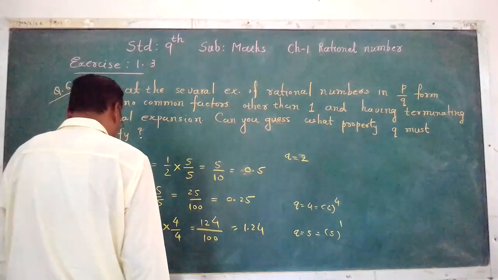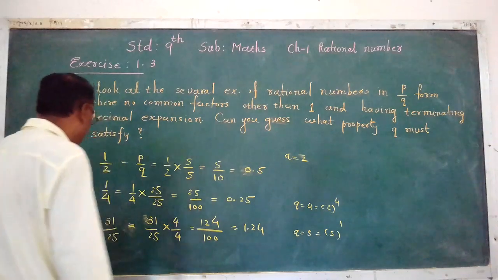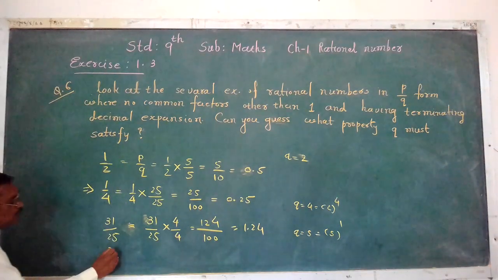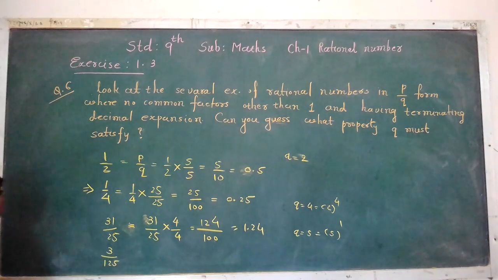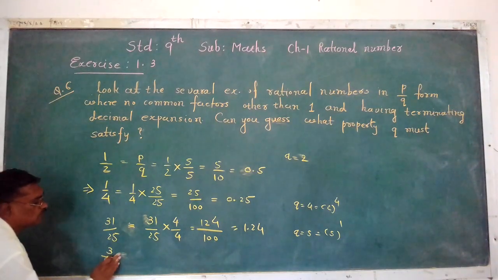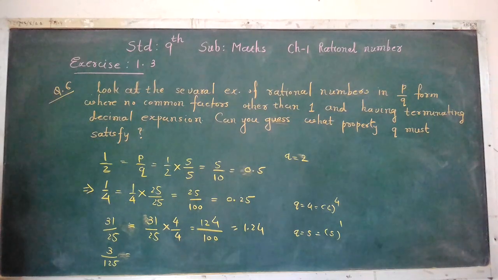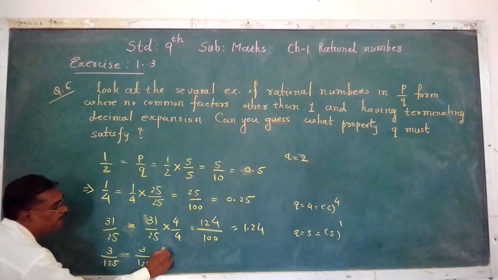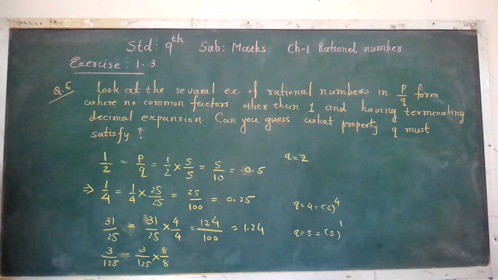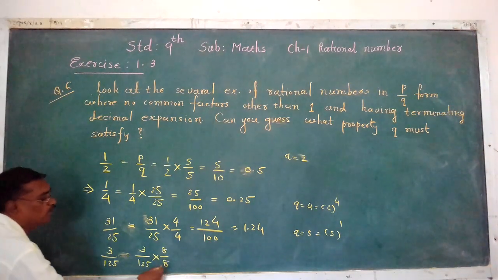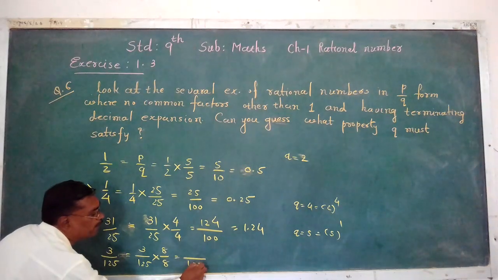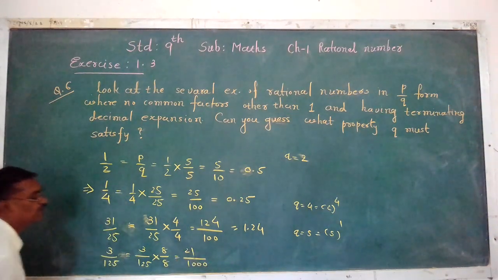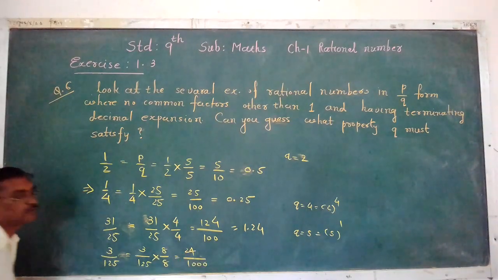Another example, if we take 3 upon 125. So this is also in p upon q form. So 3 upon 125. We multiply and divide by 8. So 125 multiplied by 8, we obtain 1000. 3 eights are 24.